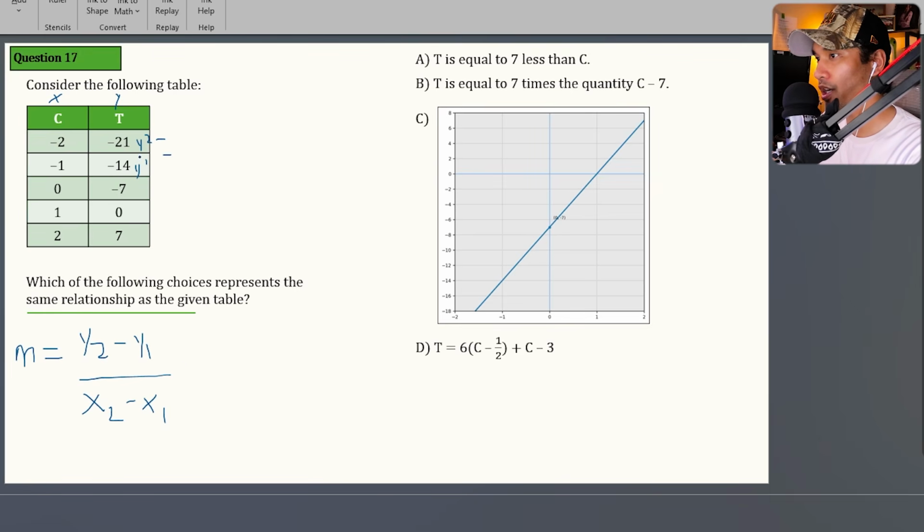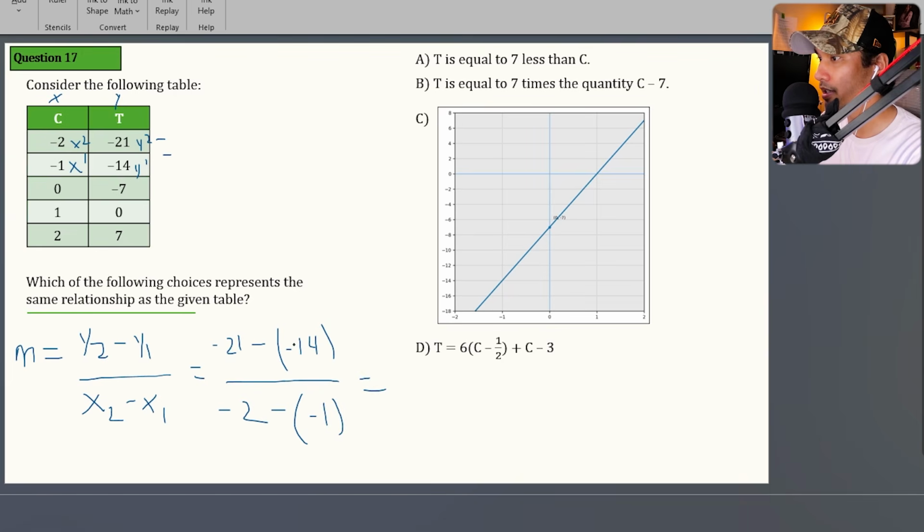Okay, so I chose y2 and y1. I'm going to make this x2 and this one x1. I can't switch these up. If I switch these up, I'll get the wrong slope. Okay, so y2 is -21 minus -14 over x2, -2, minus -1.